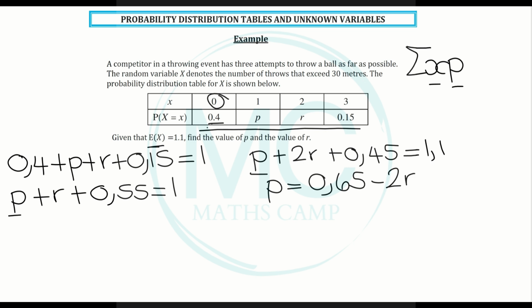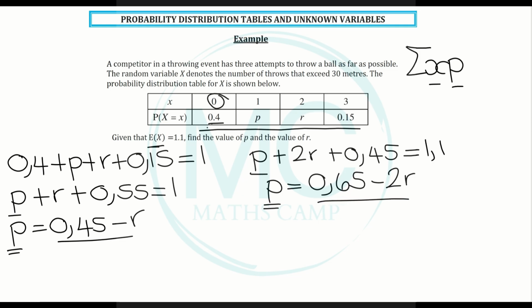On the left, let's leave p where it is. 1 minus 0,55 gives me 0,45. Move r, I can say minus r. Now p over here is equal to p on this side, which means our equations are equal.